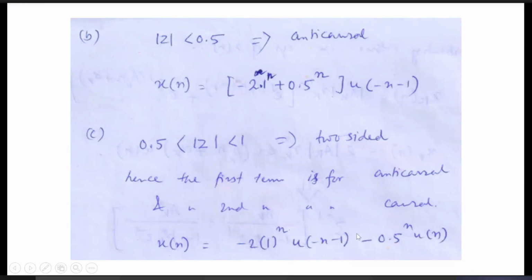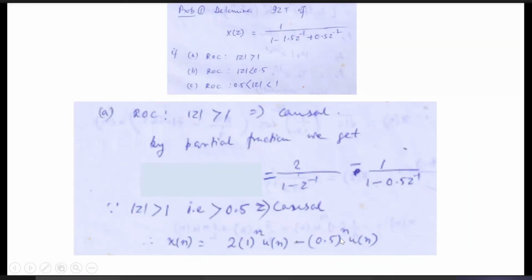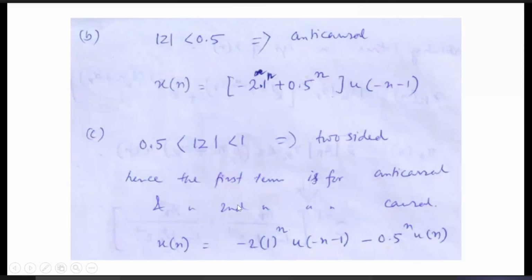So this term is 0.5 to the power n u[n]. When it is greater than 0.5, that means exterior of a circle. So that time it is a causal sequence.